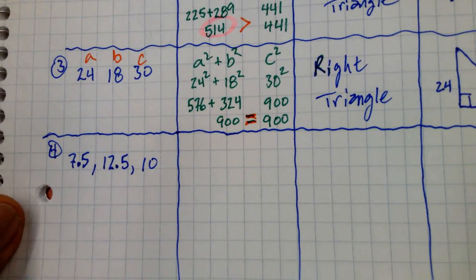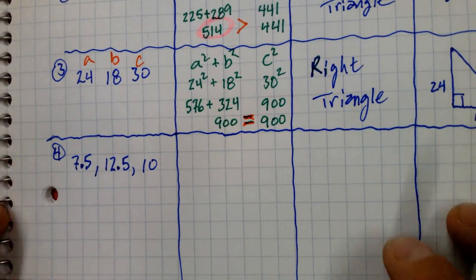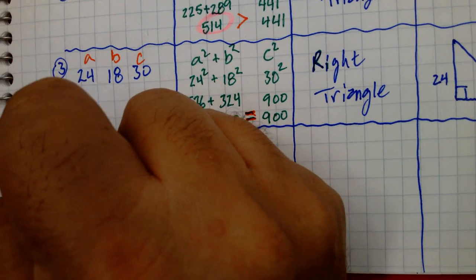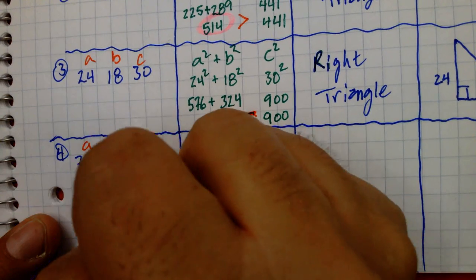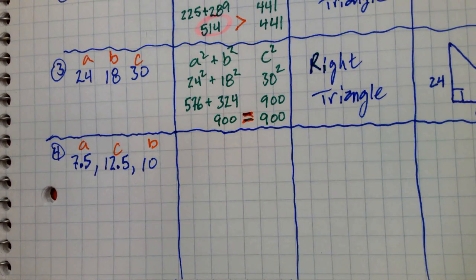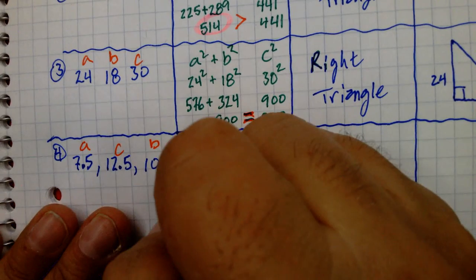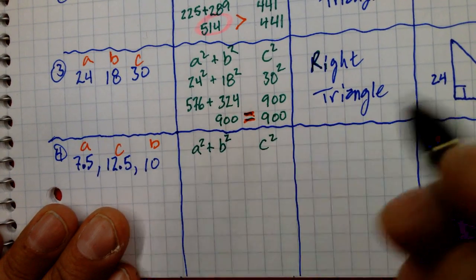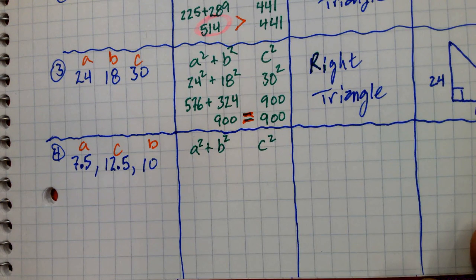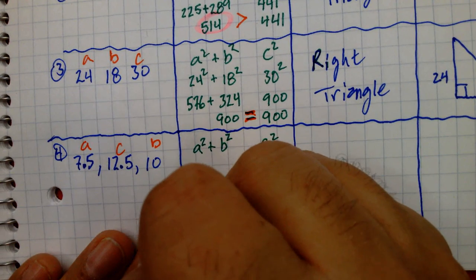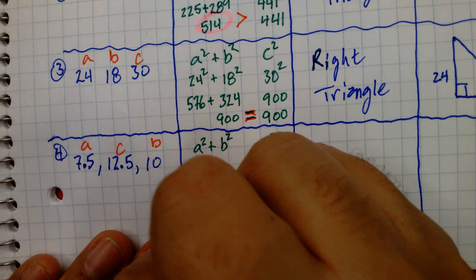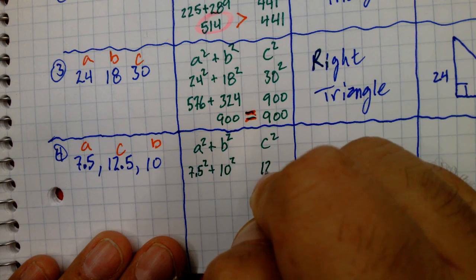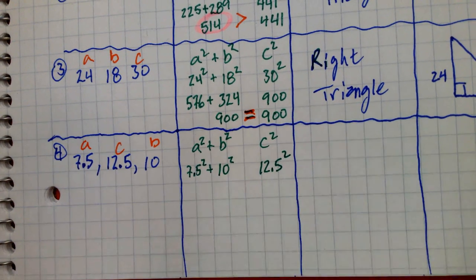Okay. So which one is our longest side? 12.5. So this has to be C, and we'll make these A and B. All right. So A squared plus B squared, we'll compare it to C squared. So we want 7.5, and we'll square that, 10, we'll square that, and 12.5, and we'll square that.